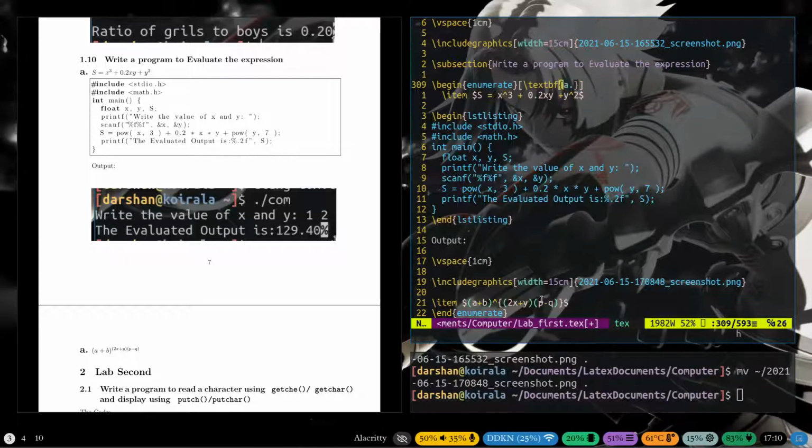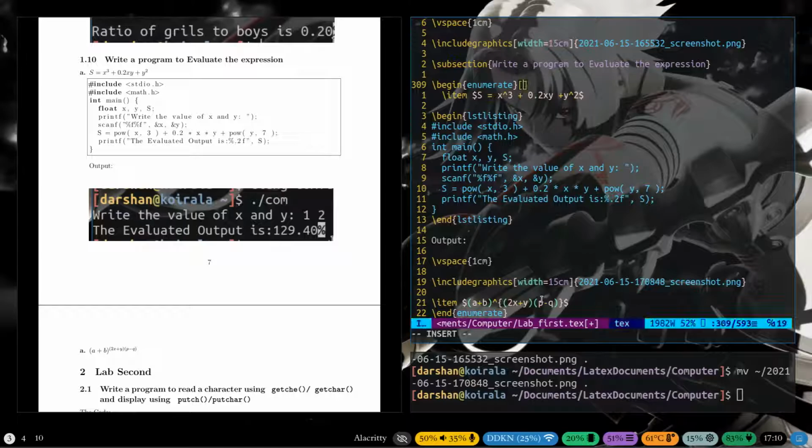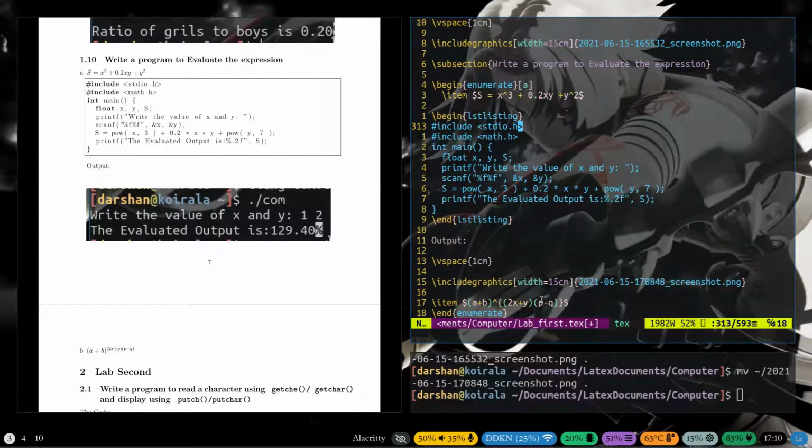I didn't really know that. So I'll just write A here. A, B, maybe here. Can I write it? No, I think I will look at the enumerate package.